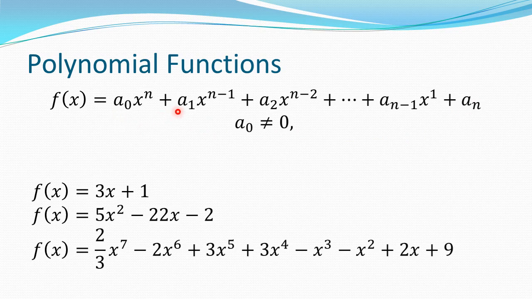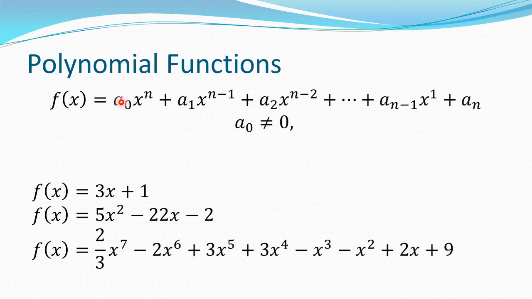All your a's are just constants, so real numbers: 1, 2, 3, 1 over 2, 3 over 4. Integers and fractions could be in these positions. The only condition is that the very first a cannot be 0.